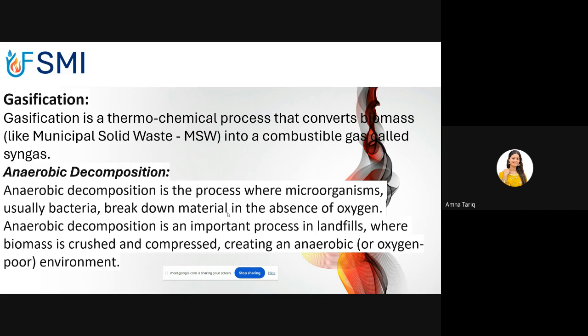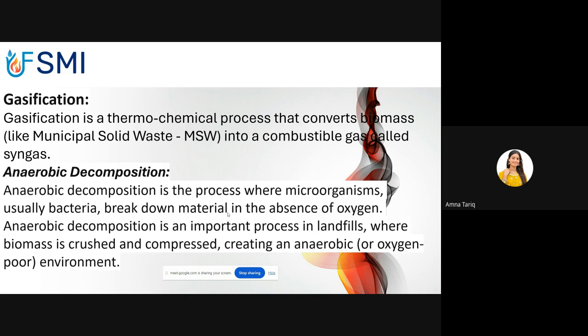Inside, waste material like food scraps and some plastics are loaded as the feedstock. Unlike burning, gasification happens at a high temperature, a maximum of 700 Celsius, with a limited amount of oxygen. This controlled oxygen environment prevents complete combustion and triggers a breakdown of the material at a molecular level.